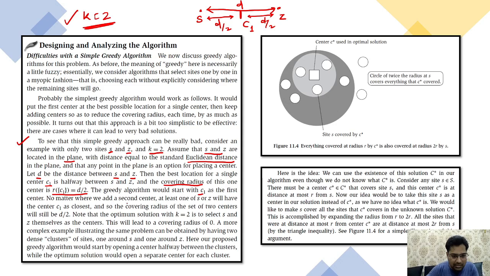So that is what is written: if we add a second center, at least one of S or Z will have the center C1 as closest. And the covering radius of the set of two centers is still D by 2. Note that the optimum solution for K equals 2 is to select S and Z themselves as centers. This is what our approximation compares against. For K equals 2, when focusing on optimal, S will be considered a center and Z will be considered a center.